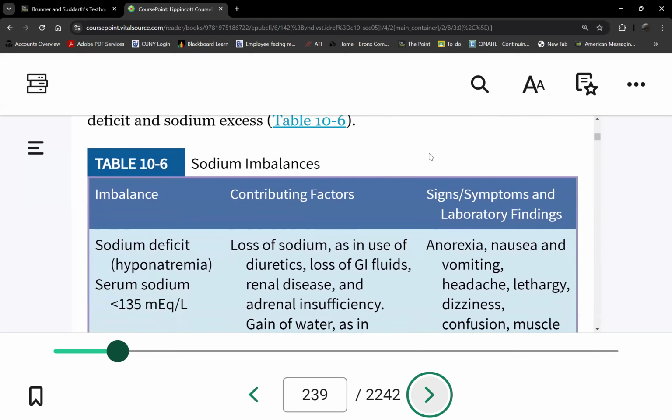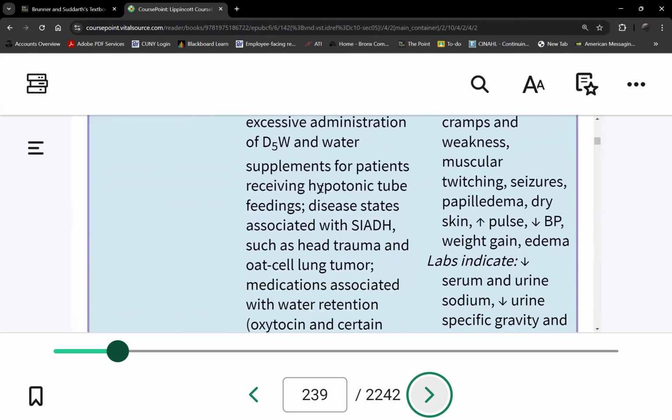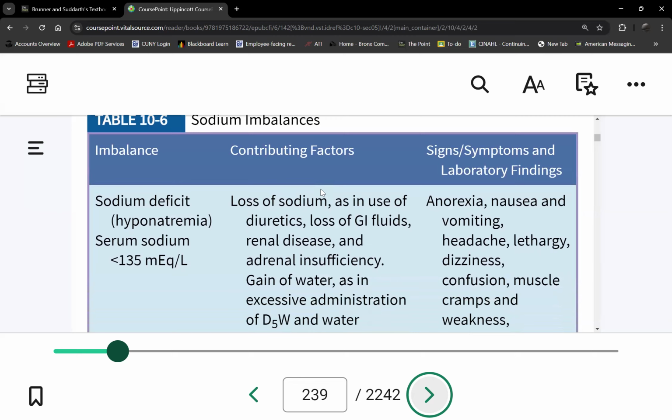For sodium, because this is chapter 10, we will only test the manifestations, okay? Only the findings, because the interventions vary depending on the problem. So if you look at table 10-6, these are the causes of hyponatremia.